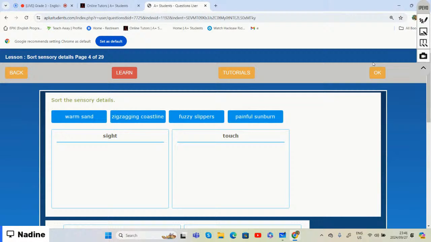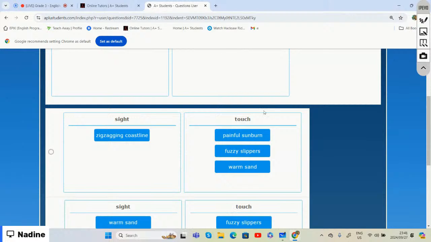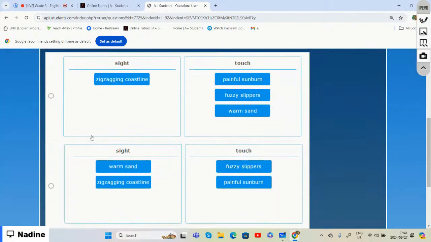All right. So we need to put that under things that you can see, which is sight, and things that you can touch. Now if we look at the options, option one says the only thing that we can see is a zigzagging coastline.